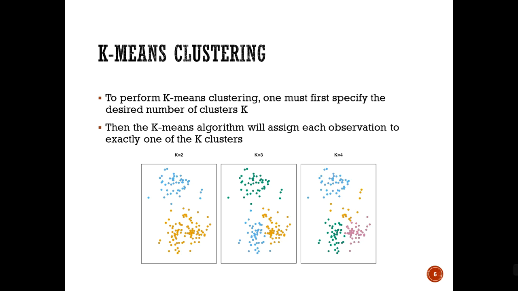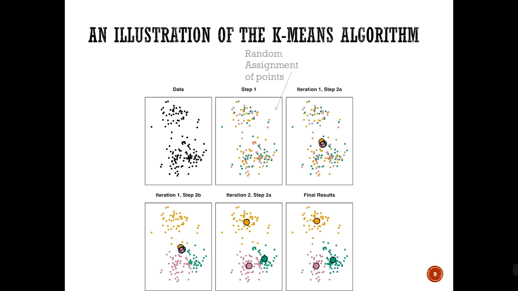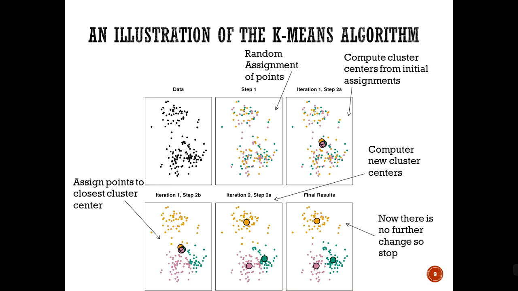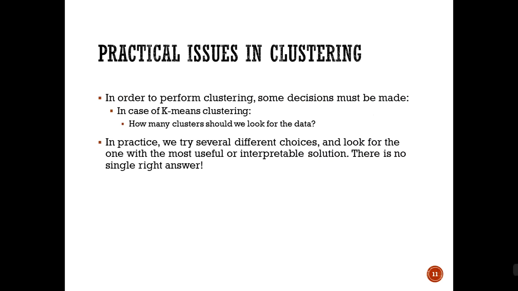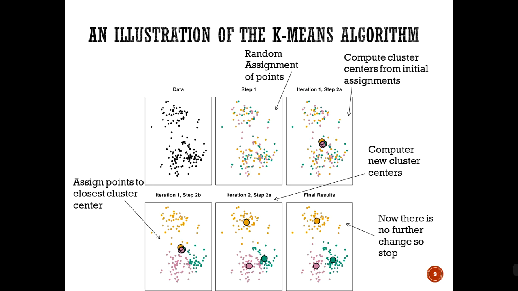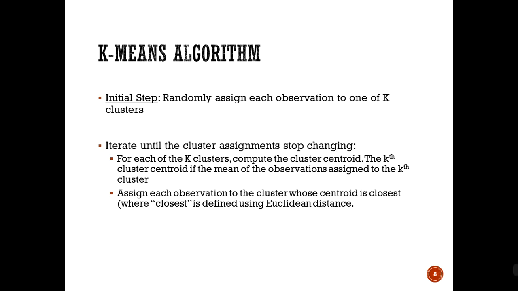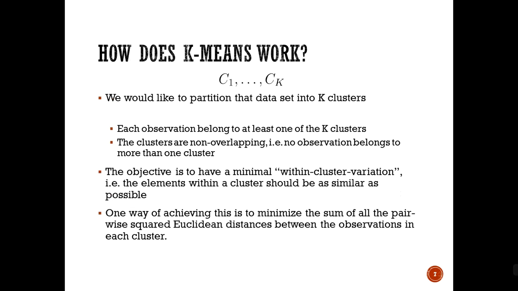Here's the formula. Here's our optimization objective function. Here's the within cluster variation, and we are going to find the clustering C1 through Ck that minimizes that.